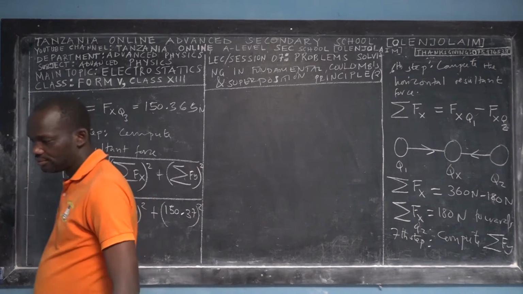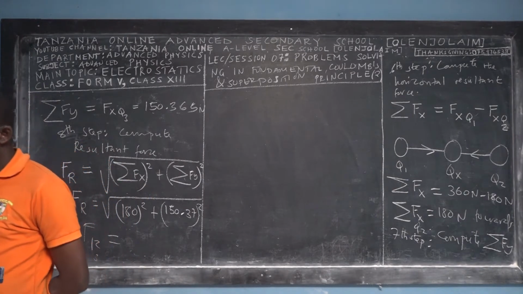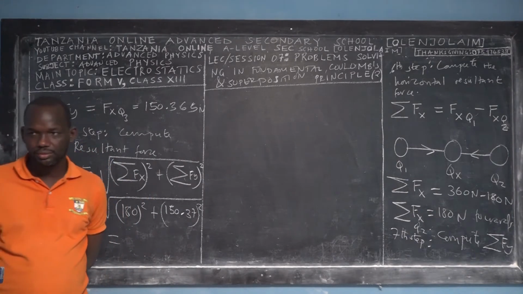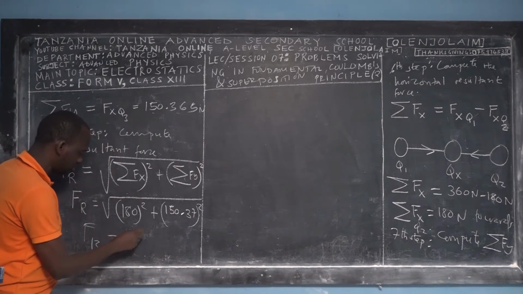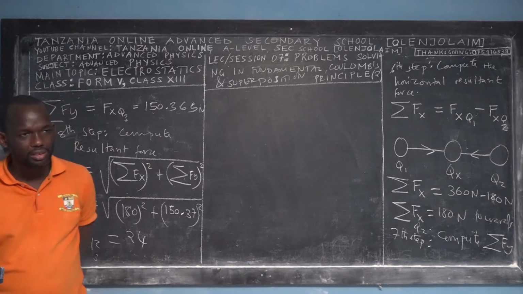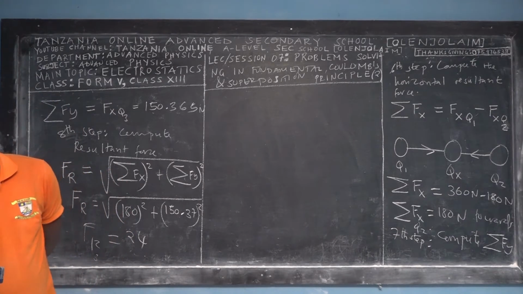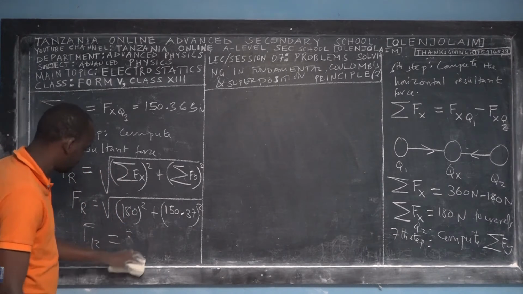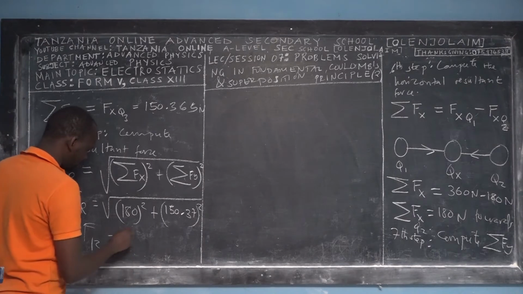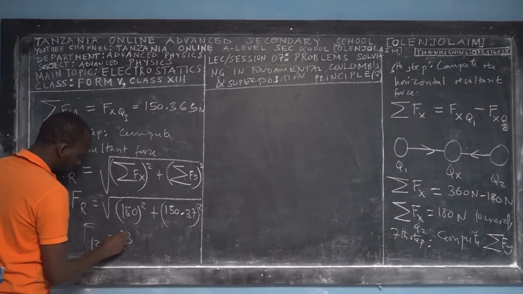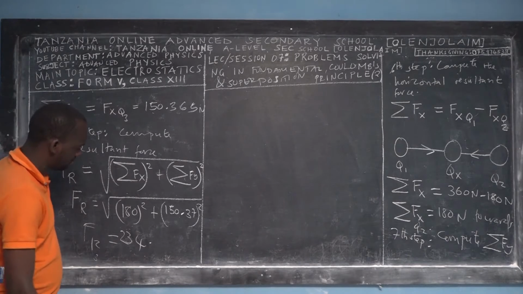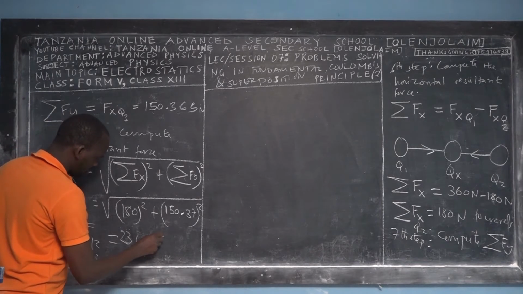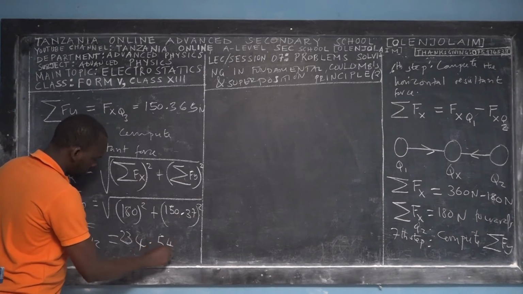What do you get? 234.54 Newton. 234. 54.